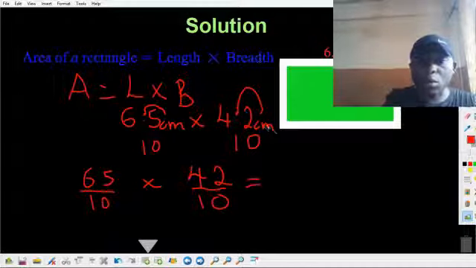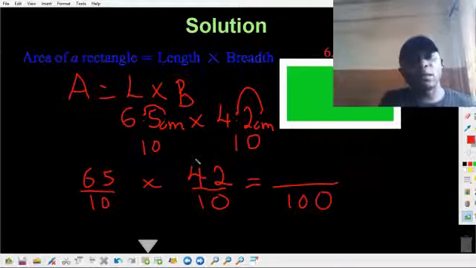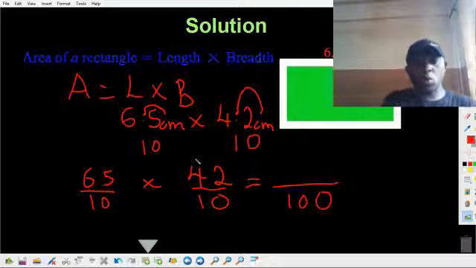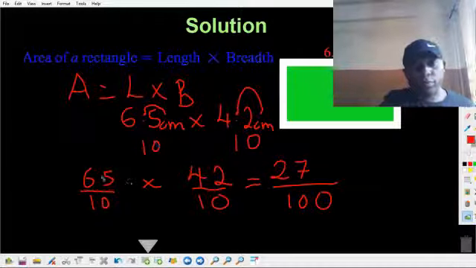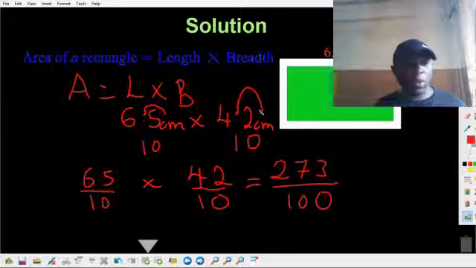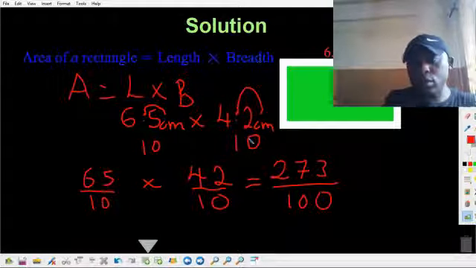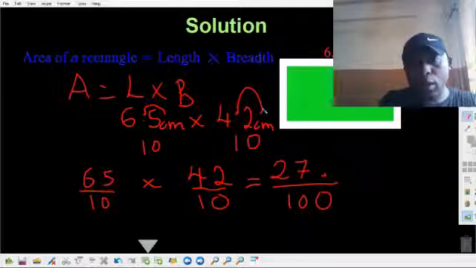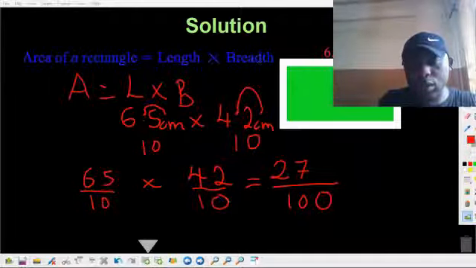Now, we all know that 10 times 10 will give us 100, and 65 times 42 will give us, sorry, beg your pardon, there's a little mistake here. When you multiply this, you have 2,730.